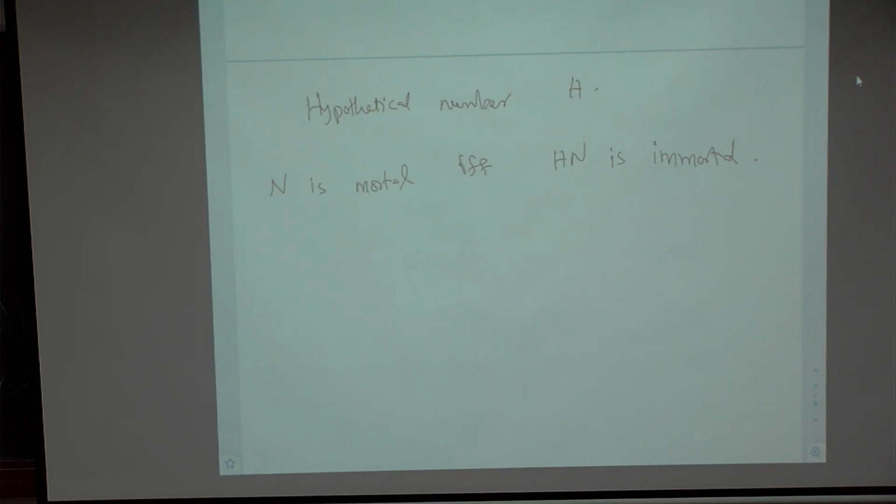This is for all n. A number is mortal if and only if you put this h before it, then that number is immortal. If we can come up with such a hypothetical number h, then we can solve this problem of identifying whether a number is mortal or immortal. How can we do that?